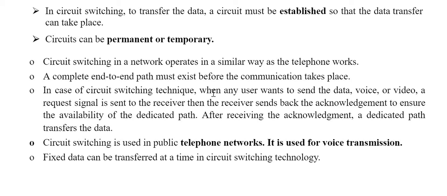In circuit switching, when any user wants to send data, that may be voice or video, a request signal is sent to the receiver. The receiver sends back an acknowledgement, ensuring that they are available for that dedicated path.